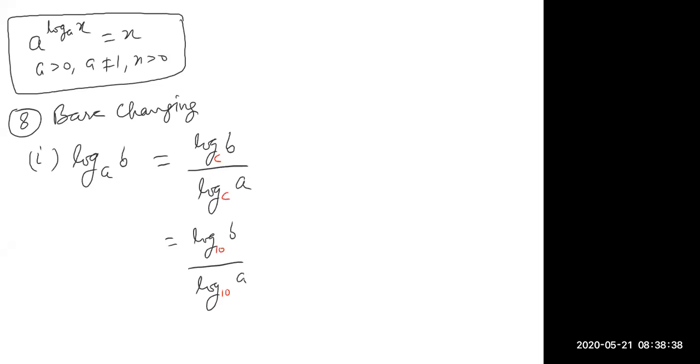For example, log 3 7 you can write as log 7 upon log 3. Depending on the requirement we can have base 5, base e, or base 10. Any base can be there on the right hand side.